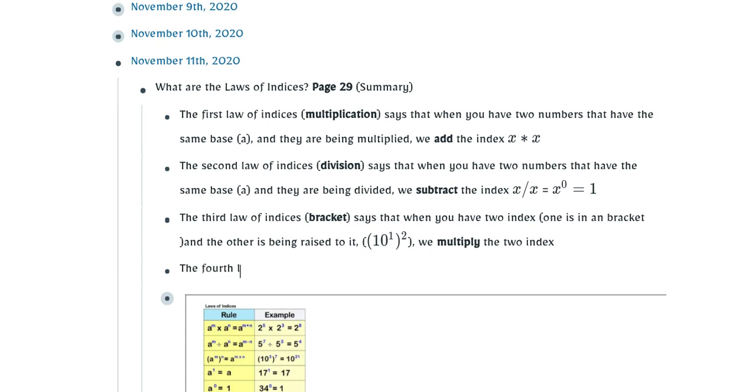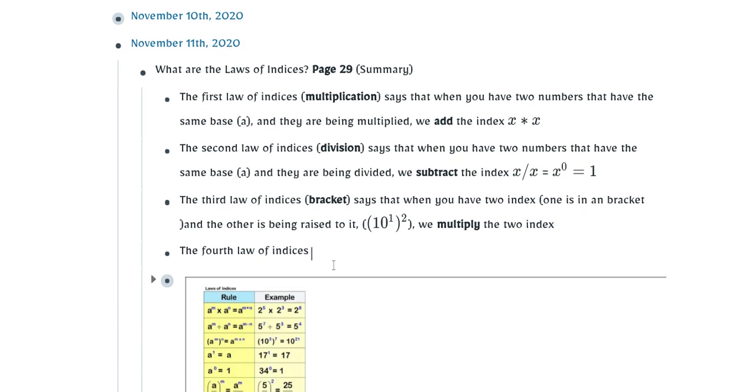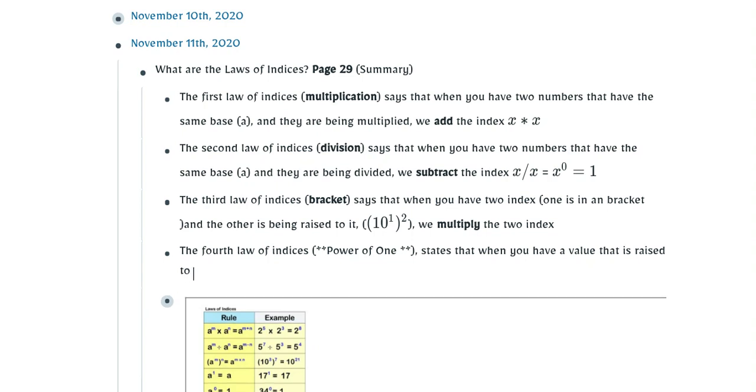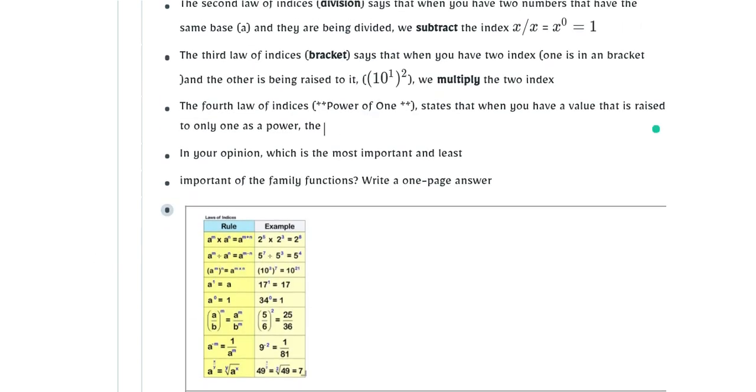The fourth law of indices, the power of 1, states that when you have a value that is raised to only 1 as a power, the answer is the value itself.